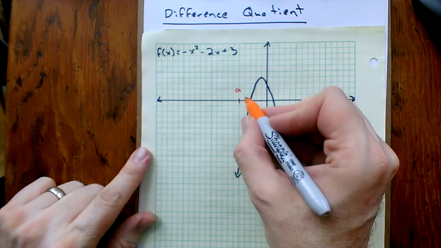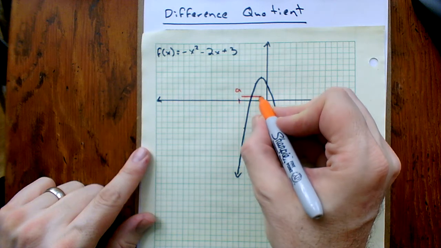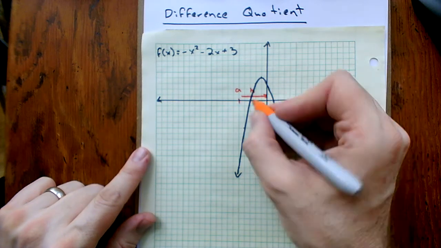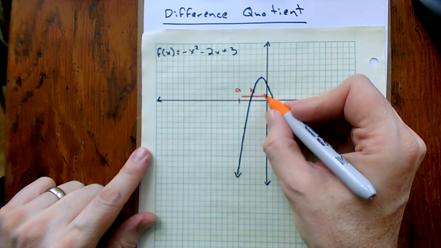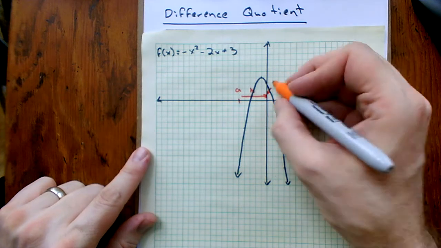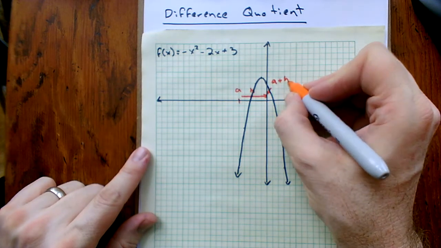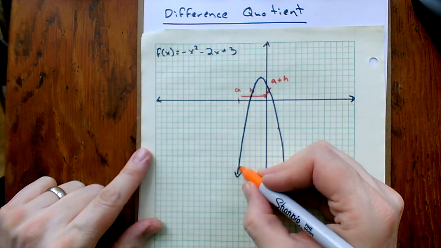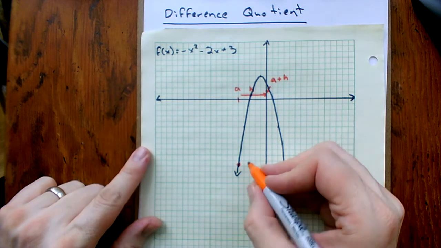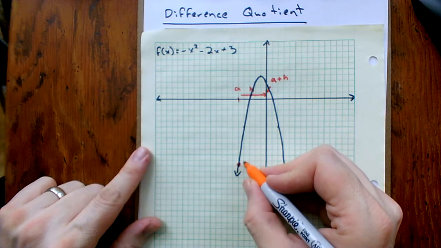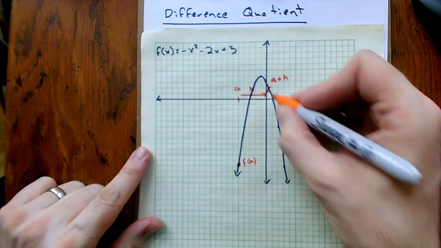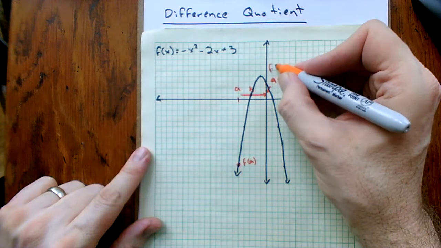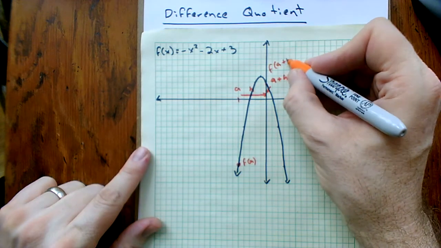Now, if I were to look some distance away from that, I'll call that distance h, then this value right here would be a plus h. Well, now when I look at my y values, I'll have f of a and f of a plus h.